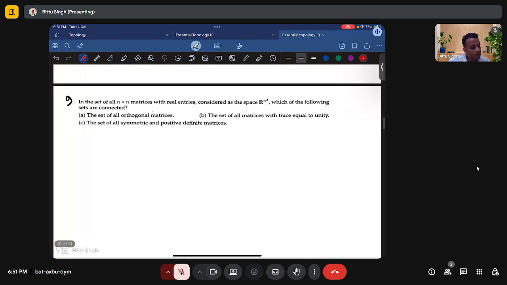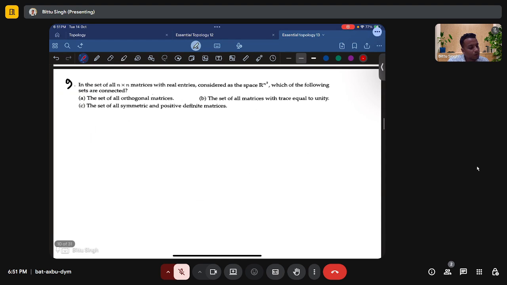The set of all n by n matrices with real entries, which of the following are connected? The set of all orthogonal matrices. So we have only proved that orthogonal matrices are compact, but here we need to see if it is connected or not.